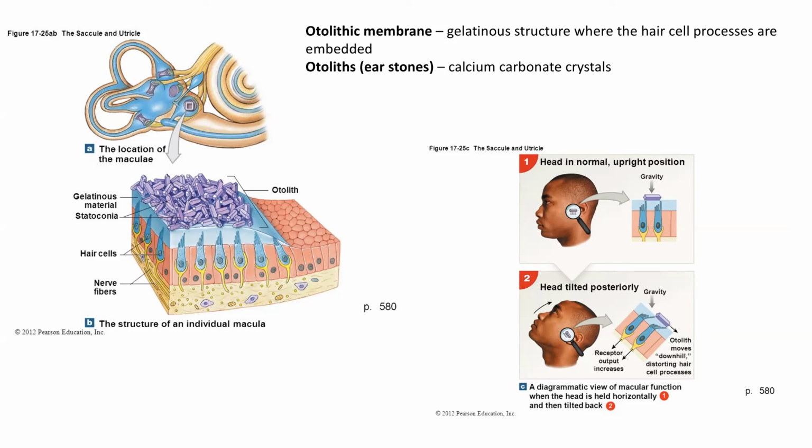And so you go through a maneuver called Epley's maneuver, in which you rotate the head certain ways and you sit up, and it's supposed to work the stone through the canal and get it out again, so it can stop stimulating those hair cells. It's pretty effective for something called BPPV.